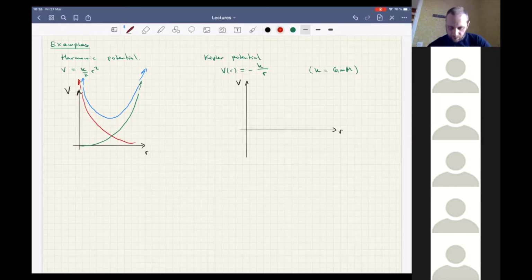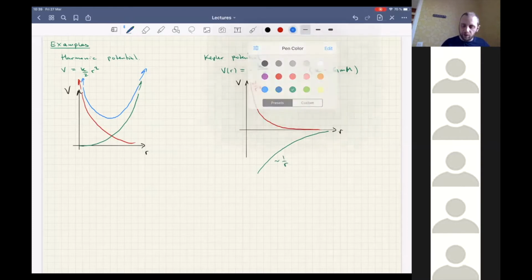And in the case of the Kepler potential, as we discussed in 3 dimensions, the angular momentum barrier we'll draw something like this instead, while the 1 over r potential is going to look something like this. Since the barrier is proportional to 1 over r squared, and the potential itself is proportional to 1 over r, for small values of r, the angular momentum barrier is going to dominate.